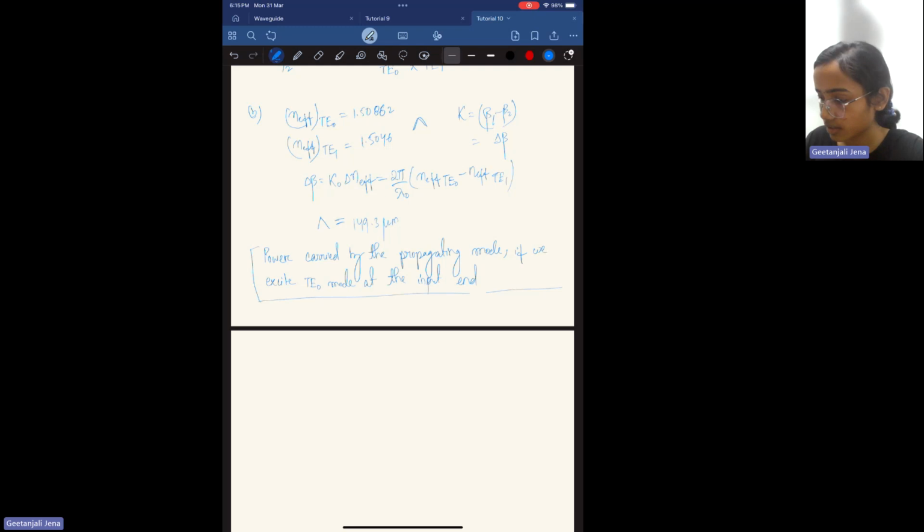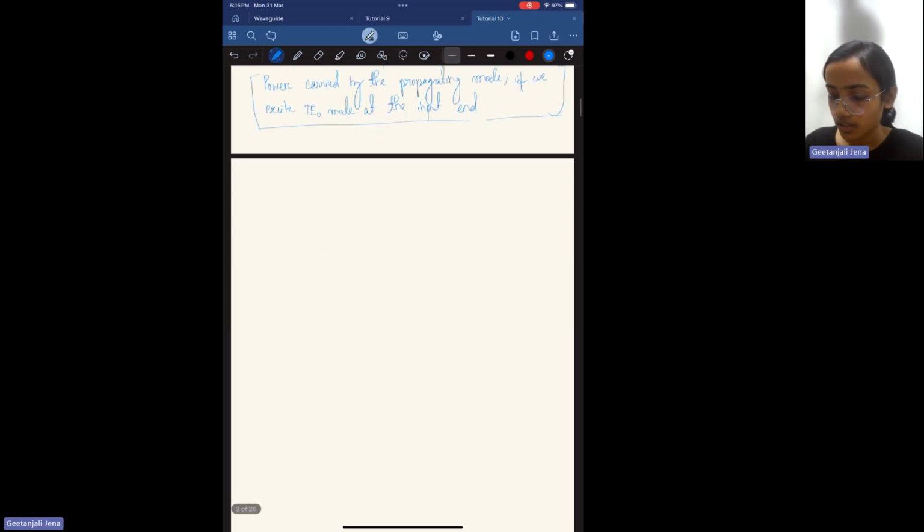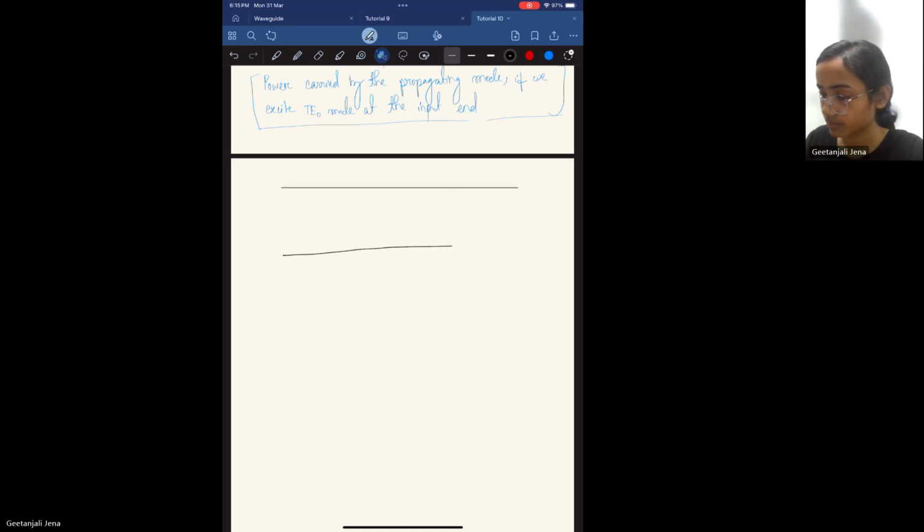So before that, we can see the schematic of the power coupling. So this is the transverse cross section of the fiber Bragg grating.